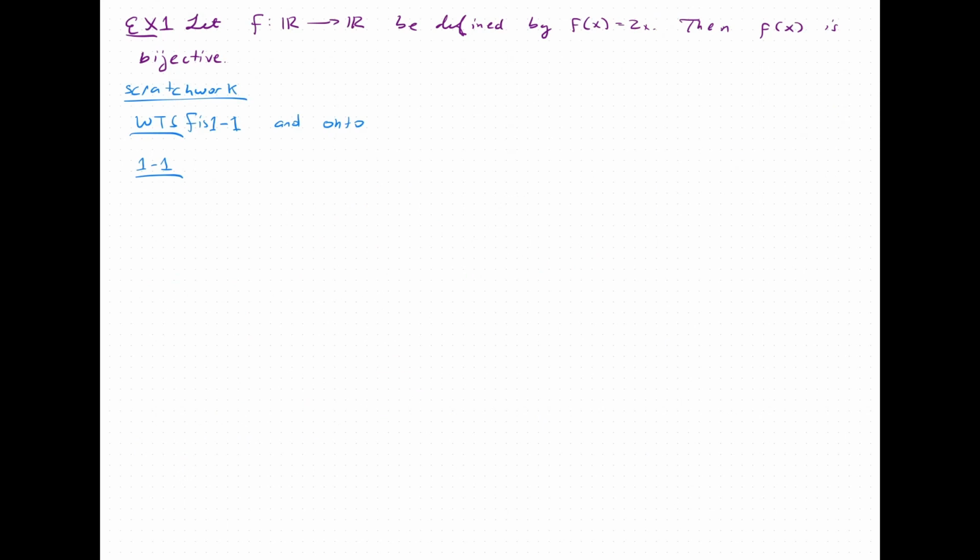So we're going to let a, b be real numbers, and assume that f of a is equal to f of b.